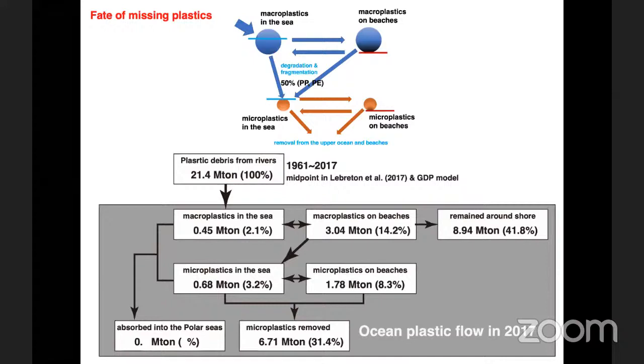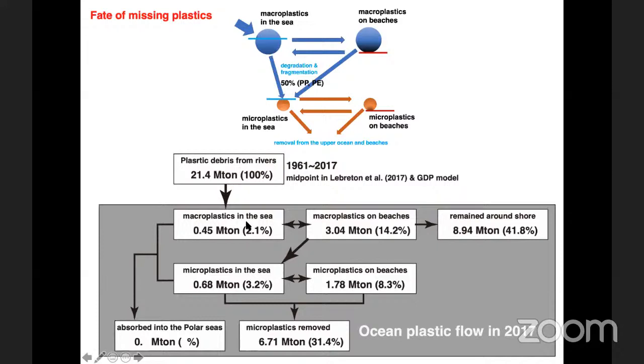This summarizes our model result, and we estimate the percentage of the fate of the plastic: macroplastic in the ocean, macroplastic on the beaches, microplastic in the sea, and microplastic on beaches. As I told you, in total we release 21.4 million tons of the macroplastic in the ocean from rivers.